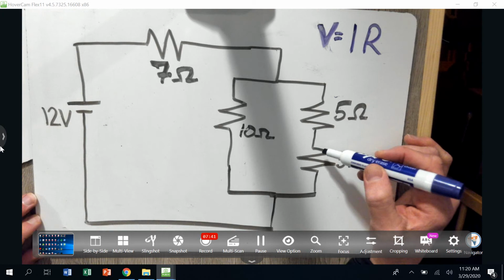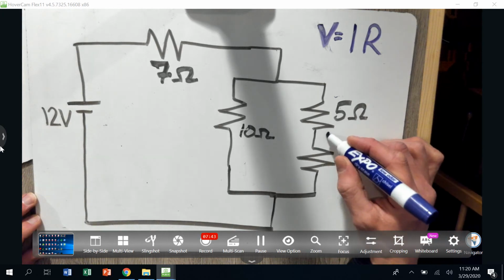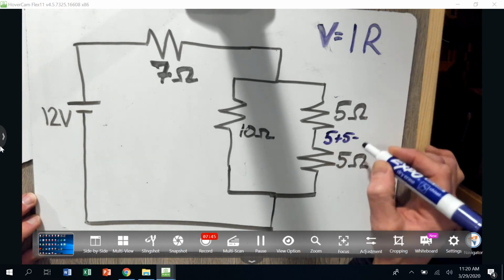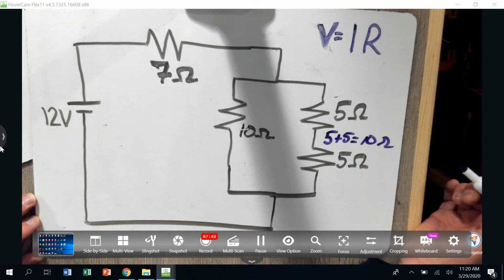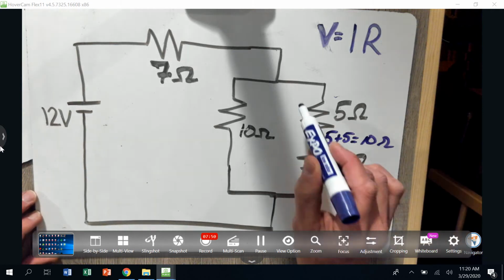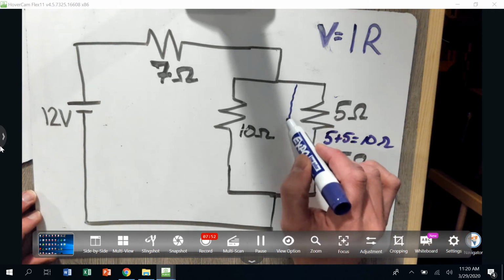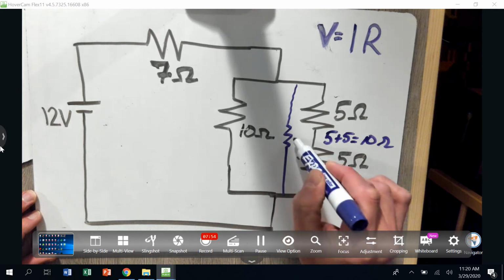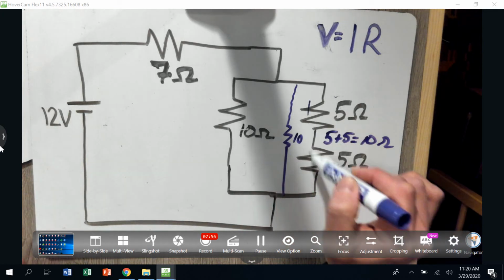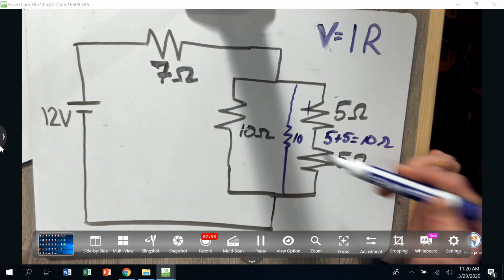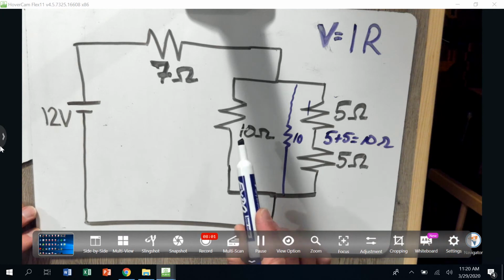These are in series, so I can just add them up. 5 plus 5 equals 10 ohms. So I can now rewrite this whole section as one 10 ohm resistor, and I can ignore that section and say it's just one 10 ohm.